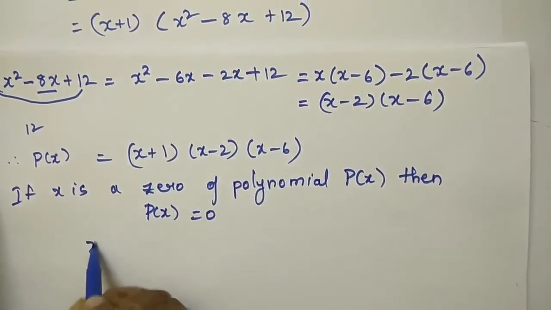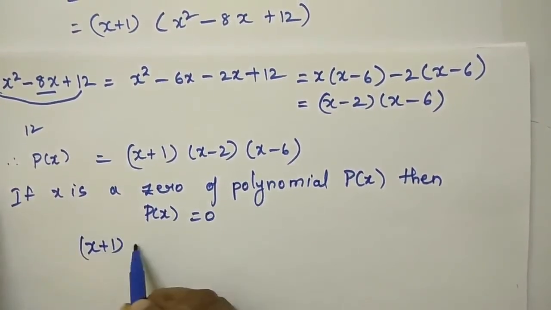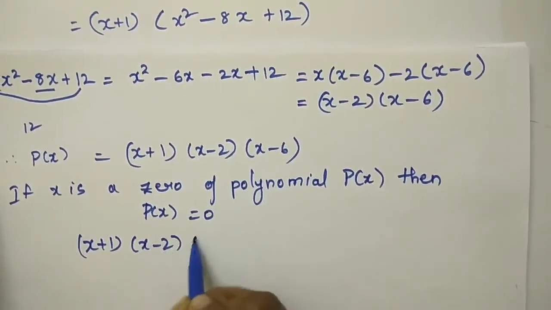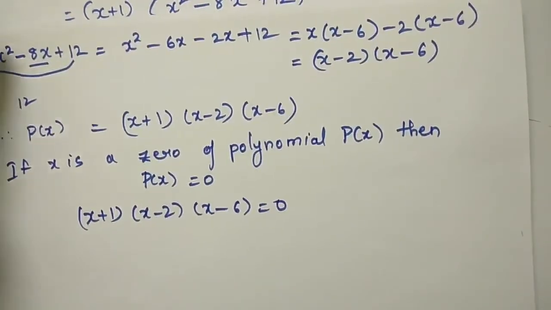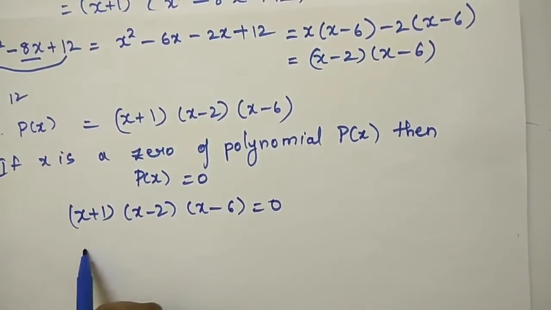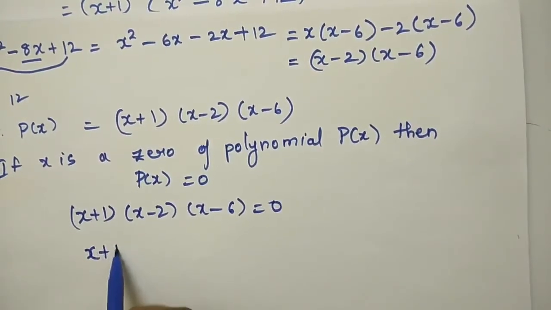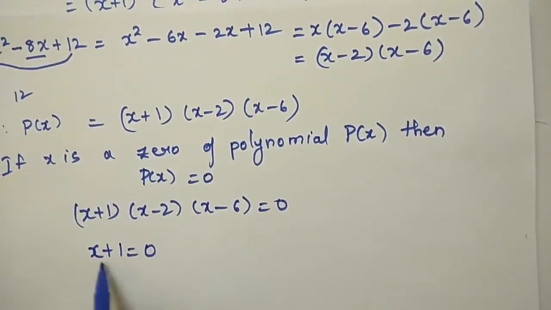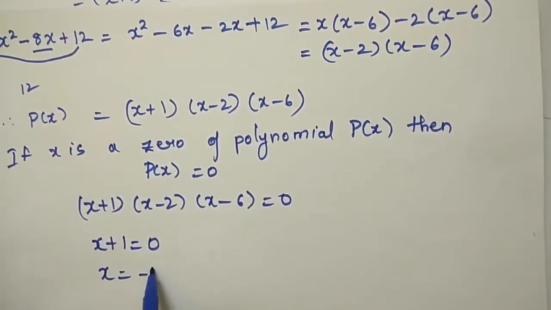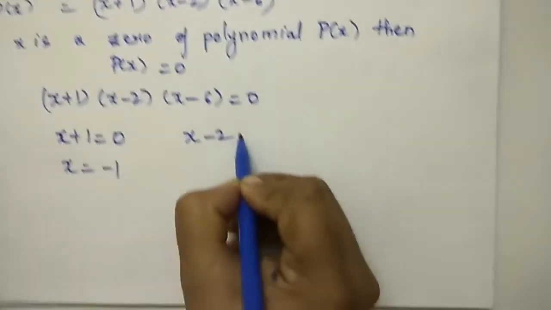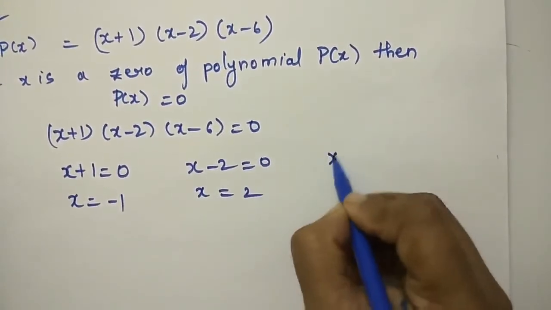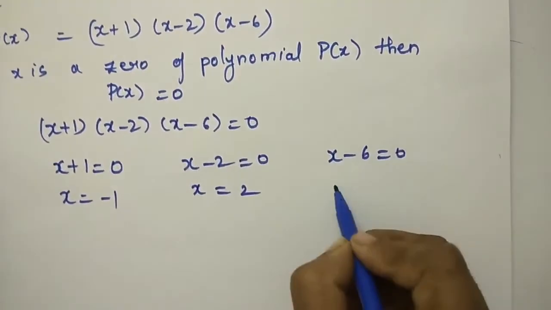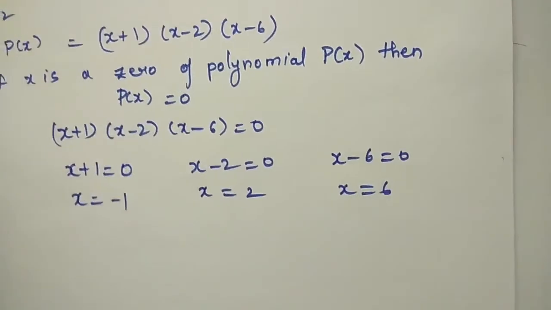So we can write this as x plus 1 into x minus 2 into x minus 6 is equal to 0. Now we have to find the values of x. x plus 1 is equal to 0, you will get x is equal to minus 1. x minus 2 equal to 0, you will get x is equal to 2. x minus 6 is equal to 0, you will get x is equal to 6.